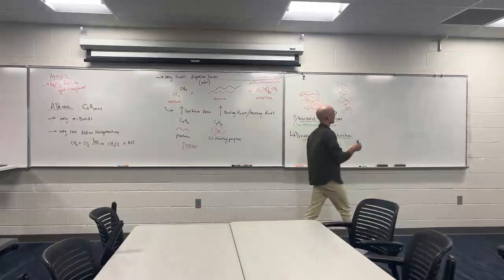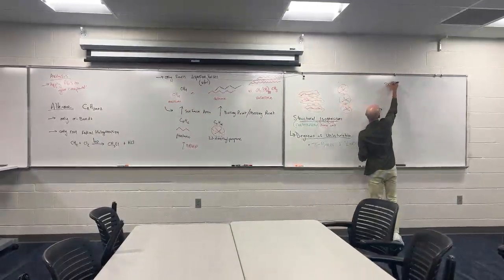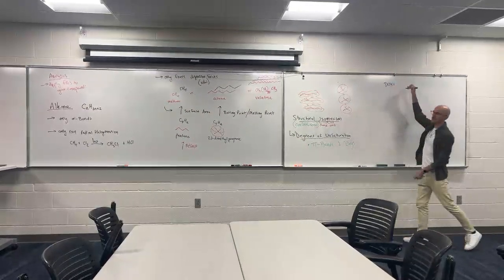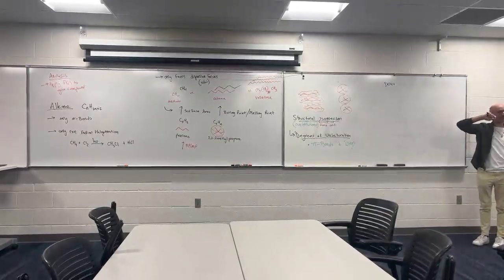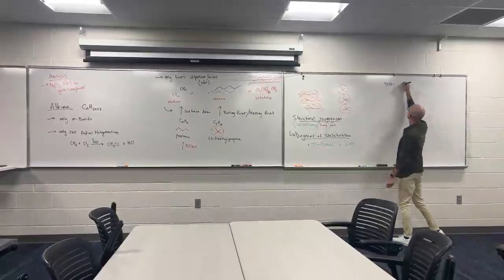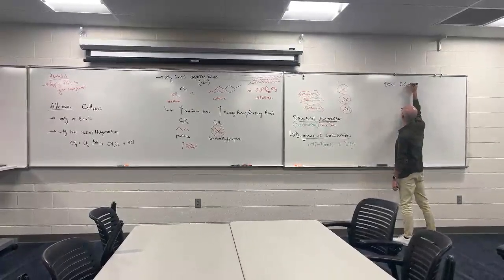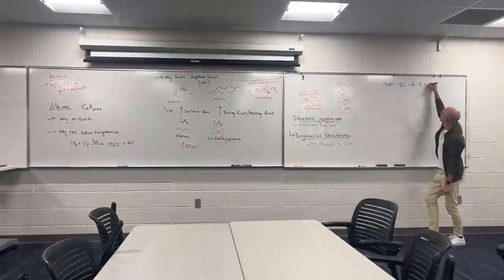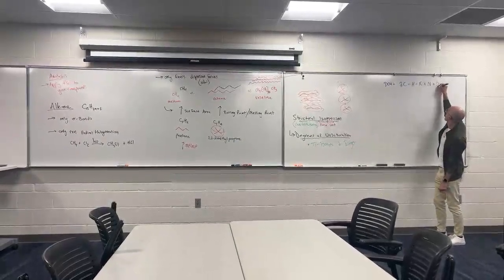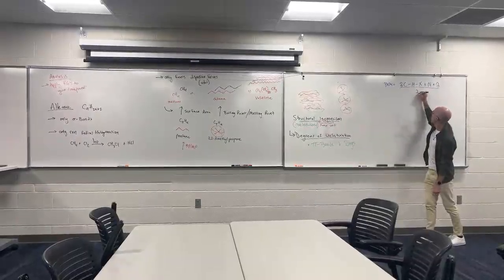And we can calculate degrees of unsaturation using this equation. Call it the 2 chicken rule. 2 times carbon minus hydrogen minus halogens plus nitrogen plus 2, divided by 2.